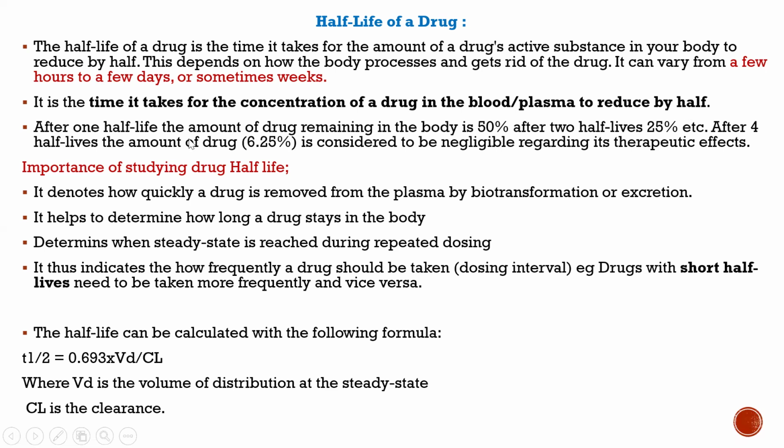After one half-life, the amount of drug remaining in the body is 50%, since it is assumed that the drug administered is 100%. After two half-lives it is 25%, after four half-lives the amount of drug is 6.25%, which is considered negligible regarding its therapeutic effect.